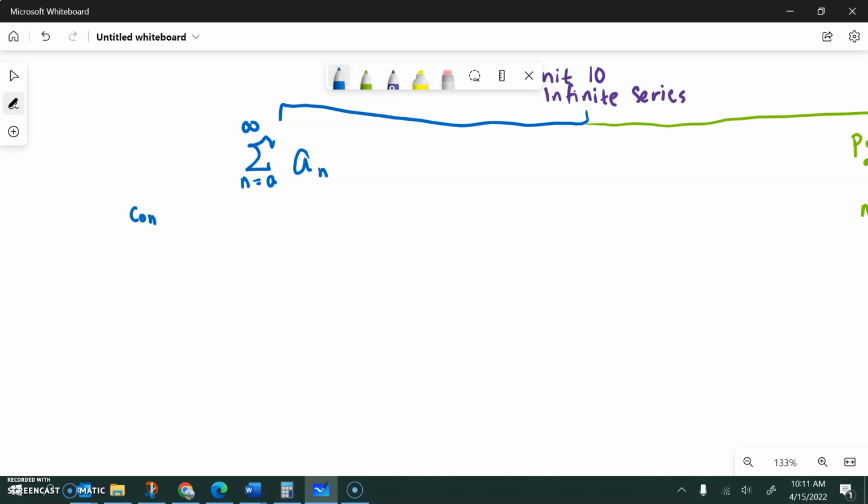The idea that we're adding infinitely many terms together and sometimes we come up with a number is a little bit disturbing. It seems like we shouldn't come up with a number if we're adding up infinitely many terms, but sometimes we do. If adding up infinitely many terms results in a number, then we say that our series converges. If it doesn't result in a number, then we say our series diverges.